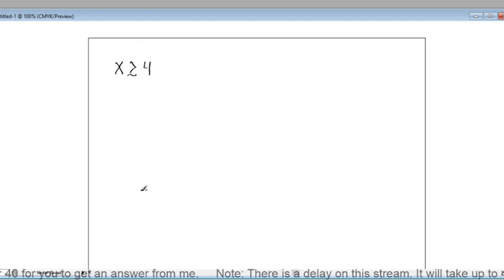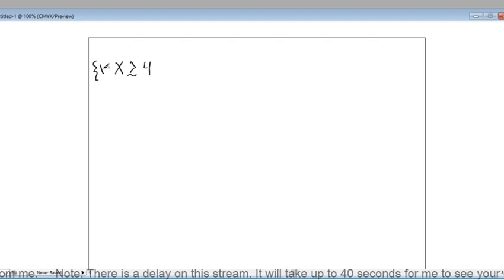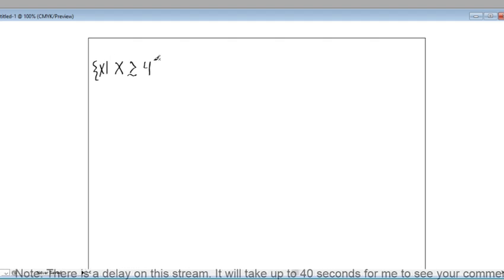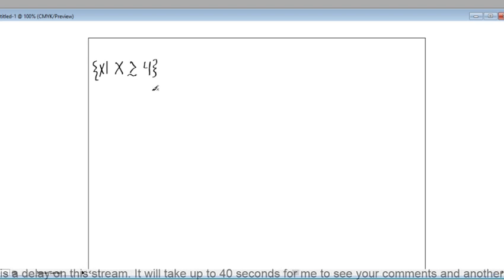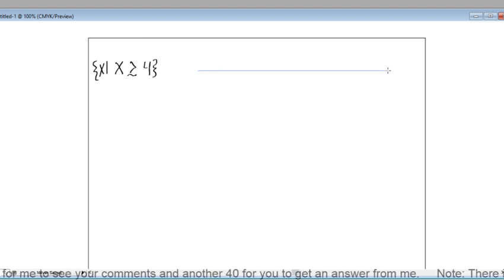We can make set builder notation if we add a few things to this, but that stuff for our class doesn't really matter. The thing that we want to focus on is x is greater than or equal to 4. So if we want to visualize that set, we can use a graph on our number line.